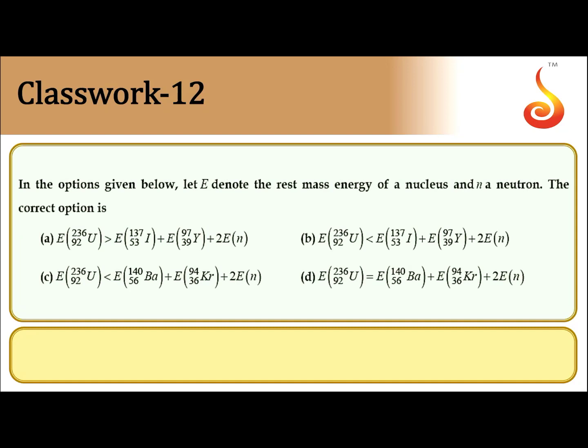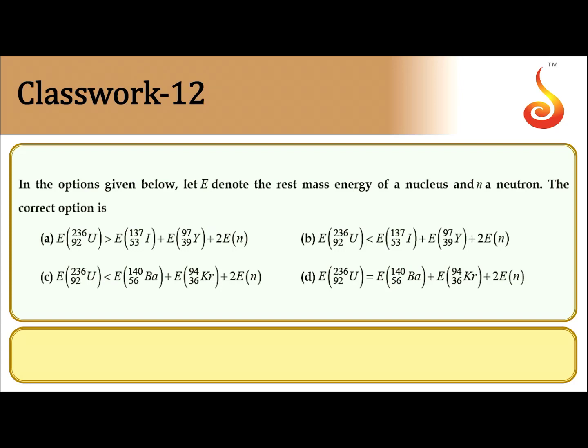Example 12. In the options given below, let E denote the rest mass energy of a nucleus and n a neutron. The correct option is. So now if you look at this, there are a couple of equations here. Remember, the rest mass energy of U will be greater than the rest mass energy of nuclei into which it breaks. The constituent nuclei and the neutrons will have kinetic energy also as a result of conservation of linear momentum.